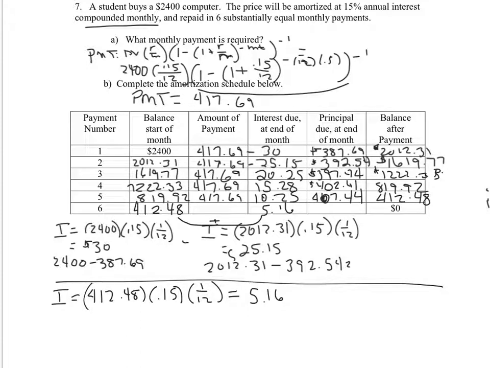So if I take that $5.16 and I add the $412.48 to it, I get $417.64. Just a little bit less on that last payment. And that would mean out of this payment, when I subtract the interest, $412.48 went toward principal, leaving me a balance of 0.